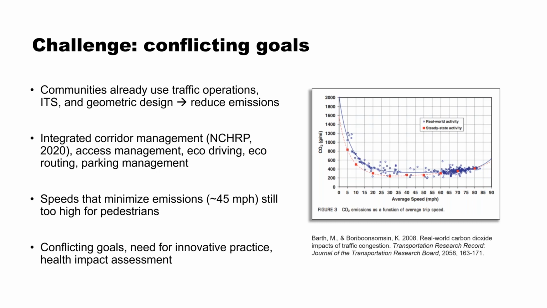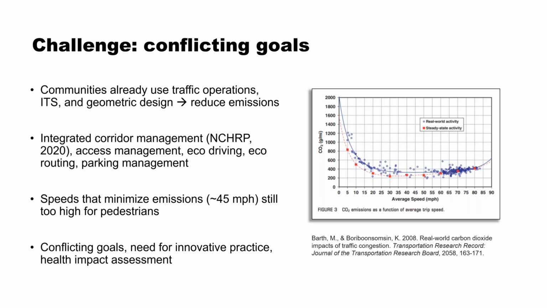So this is an example of how there are these conflicting goals, even within a health lens on transportation, where we can use some of these traffic management tools to do some traffic calming, in quotation marks, even though speeds are still high. But we need to really figure out how we can make these priorities in a public forum, to say, what is an appropriate speed?